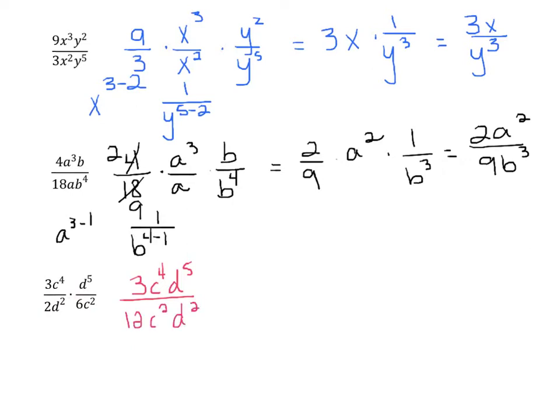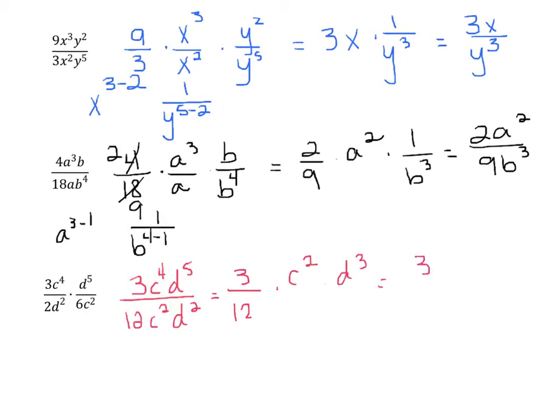If you notice, I rearranged the d squared and the c squared because multiplication is commutative. So now, 3 over 12, c to the 4th divided by c squared would be c squared. D to the 5th divided by d squared would be d cubed.